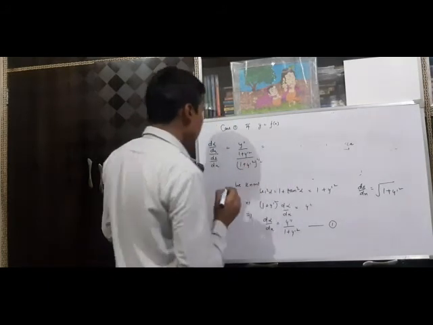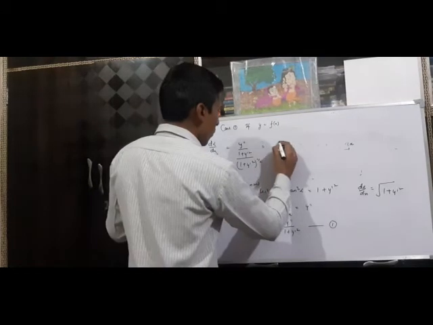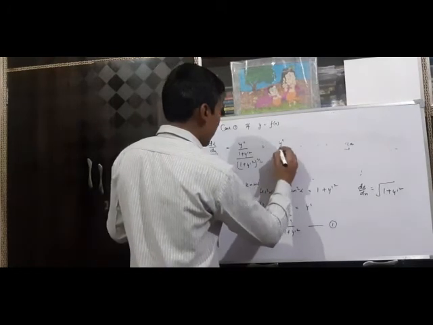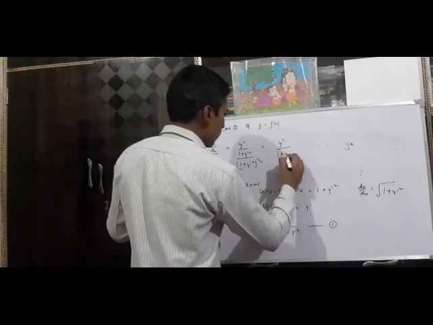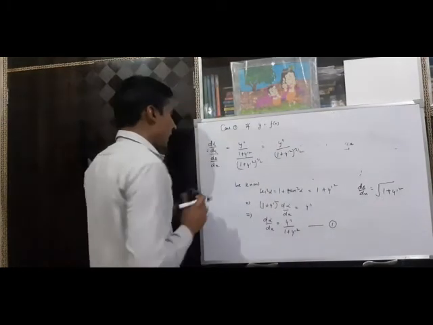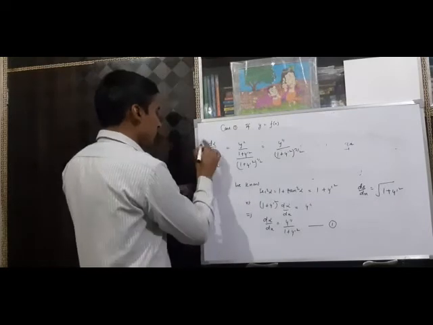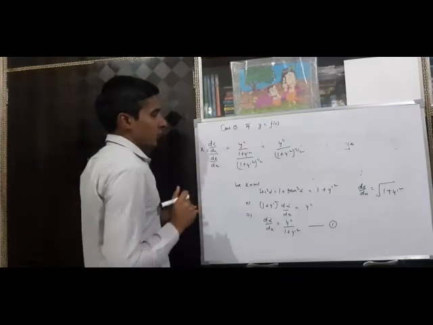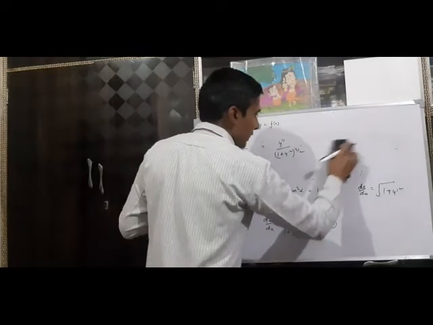So this can be written as y double prime upon 1 plus y prime square to the power 3 by 2, and this is nothing but kappa. Kappa means the curvature.